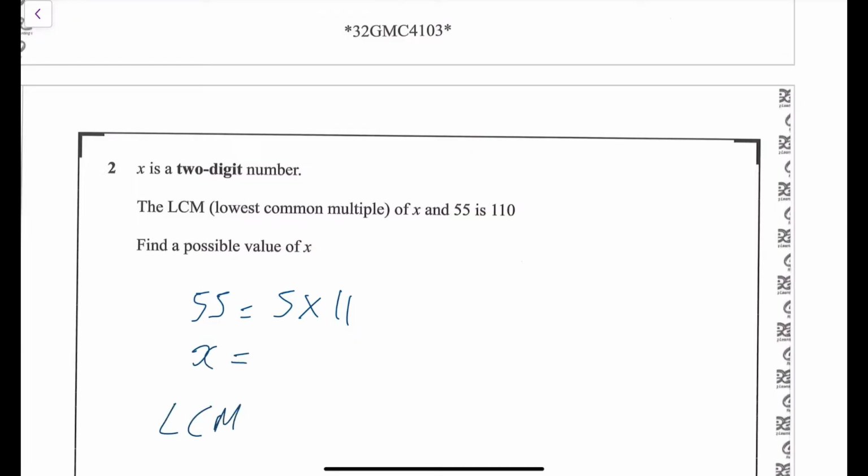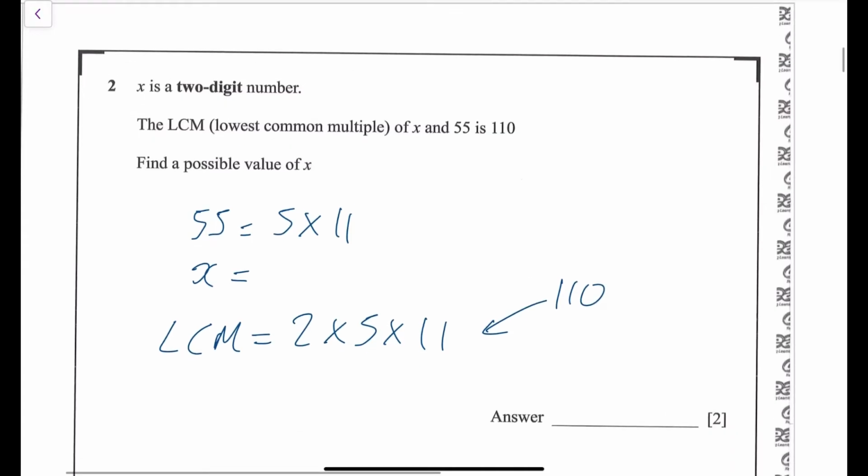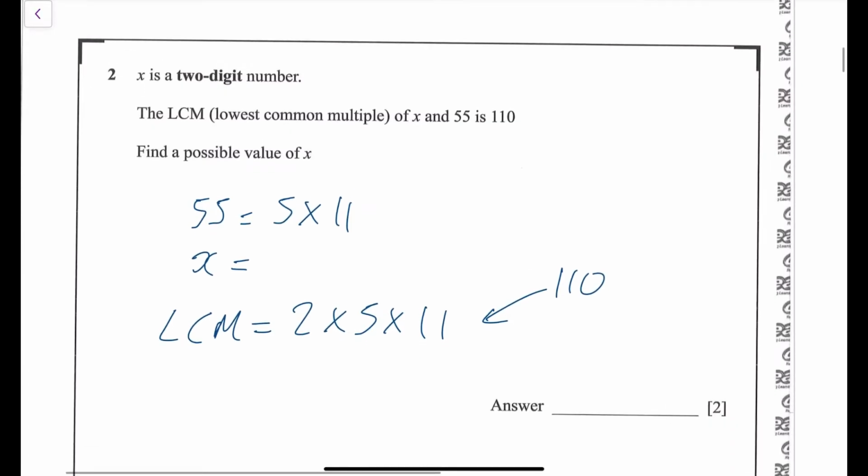And your lowest common multiple is equal to 110, and 110 is 2 times 5 times 11.